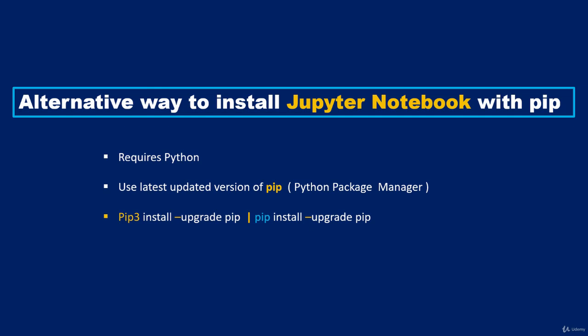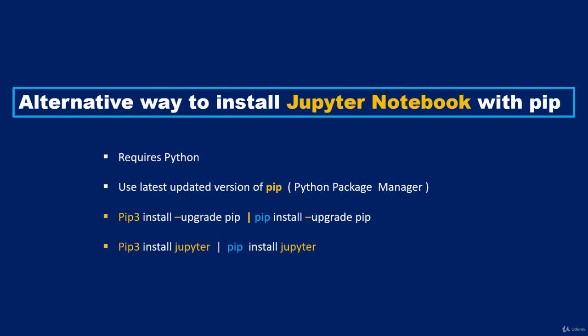And then if you want to install the Jupyter notebook using the Python package manager, you type in pip3 if you're on a Mac, install, and then Jupyter. If you're running a Windows-based computer, you type in pip space install Jupyter. So if you are doing this on a Mac, you obviously have to do that on your terminal.